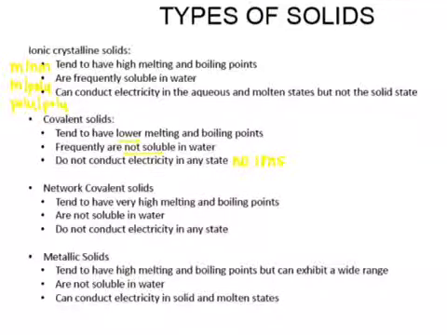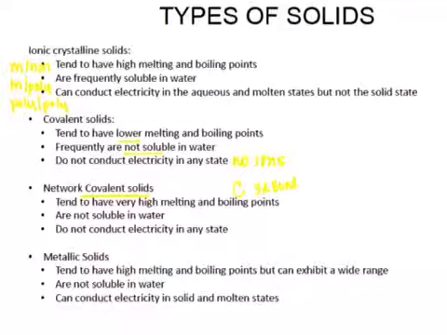So the new one that we learned was network covalent solids. These have high melting points and boiling points, are not soluble in water, and do not conduct electricity in any state. The ones that the AP is really concerned about are any of those carbon molecules that have that 3D bonding upon itself.